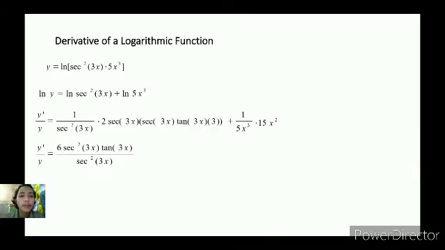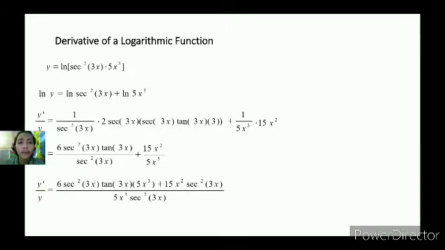Y prime over y will now be equal to 6 secant squared 3x times tangent 3x all over secant squared 3x plus 15x squared over 5x cubed. And now we will find the LCD, so we can add both fractions.